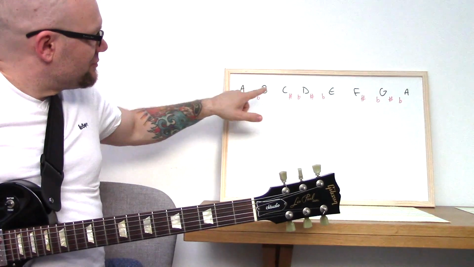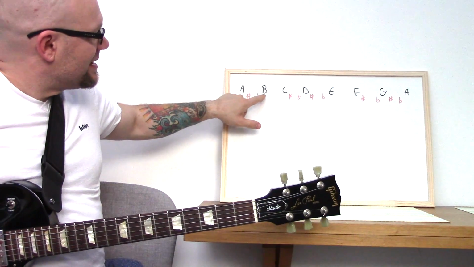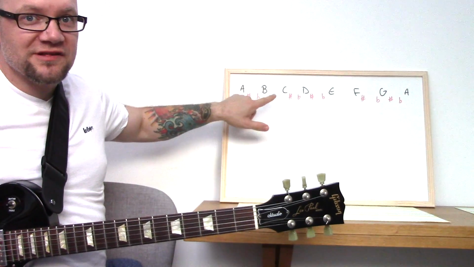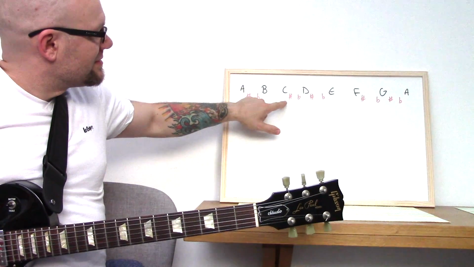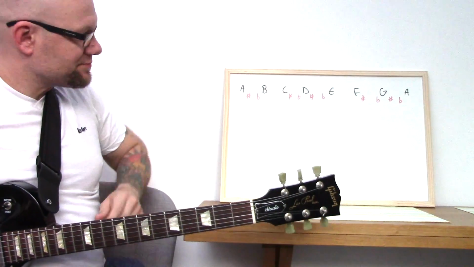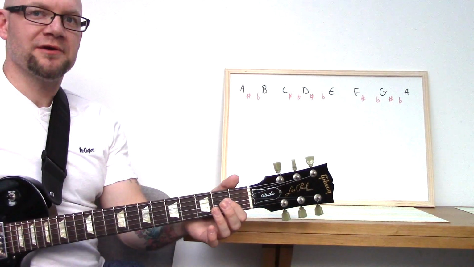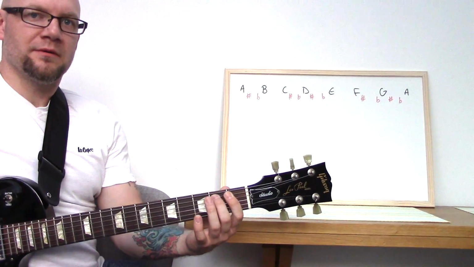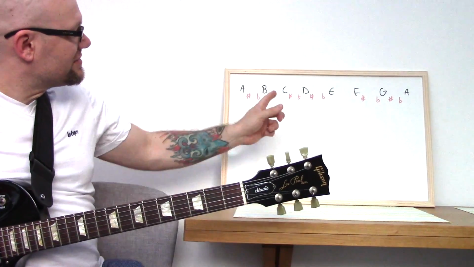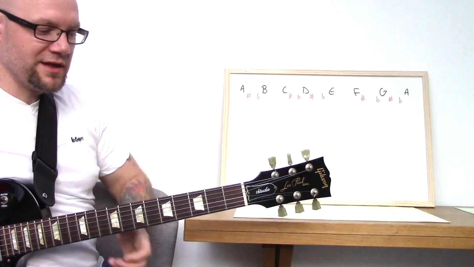But if we just play through these notes, each of these is a distinct note. The black notes are a distinct note. The reds is the same thing. Okay, so I'm going to start on the A and I'm going to play A on this A string. So A sharp, B. Now you notice there's no sharp here.